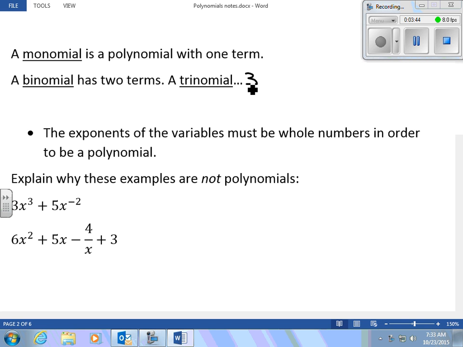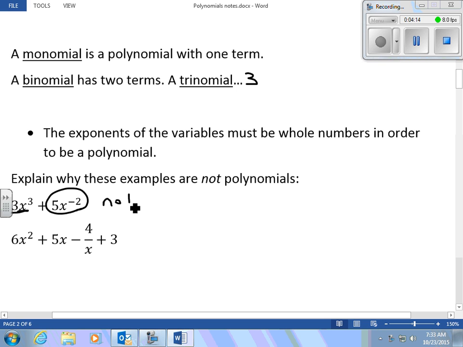In order for something to be considered a polynomial, the exponents of the variables have to be whole numbers. So the exponents have to be positive numbers, 0 or higher. Let's look at why these two examples here are not polynomials. In the first example, the 3x cubed is fine, but the 5x to the negative 2 is not, because we have a negative exponent.